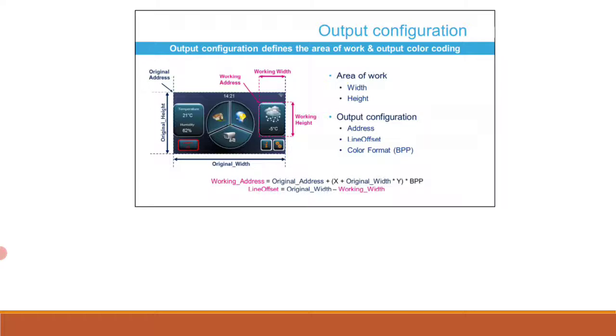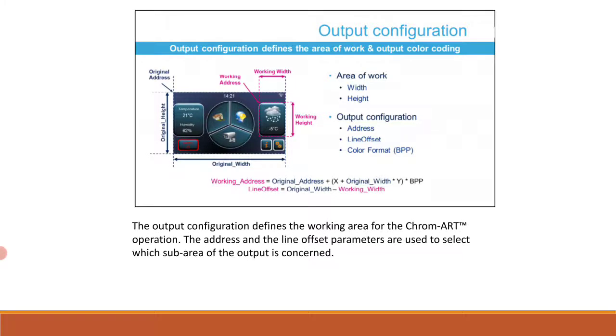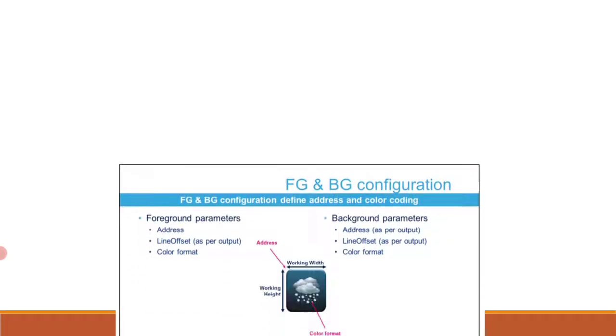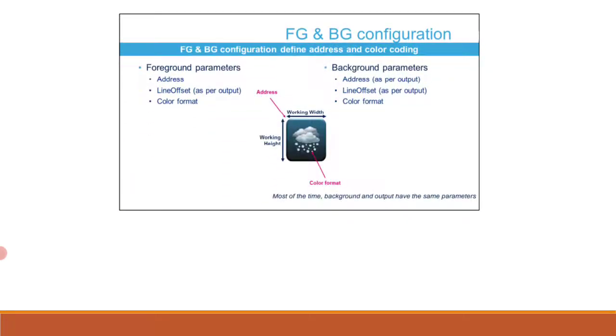So here comes the question: foreground and background configurations. The foreground and background layers have their own configurations for address, line offset and color format. You can see in this figure. This defines which area of the foreground and background layers are targeted by Chromate operations.